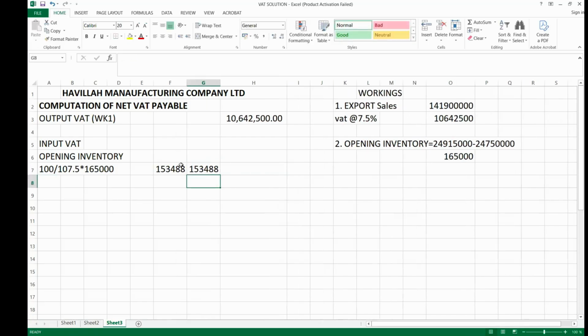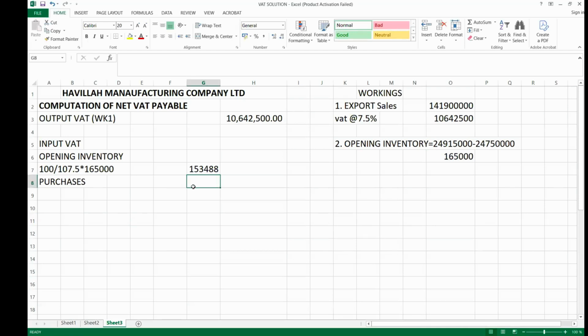Also, we are going to add purchases. Don't forget, the purchases must also be stated exclusive. In the question, we are given purchases and we are not told whether it is inclusive, so that means it's already exclusive. So we write the amount of the purchases, 94,600.